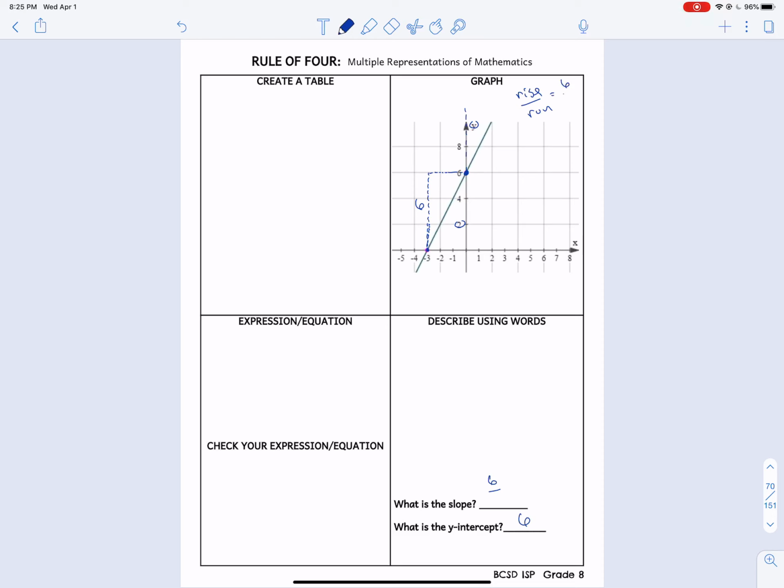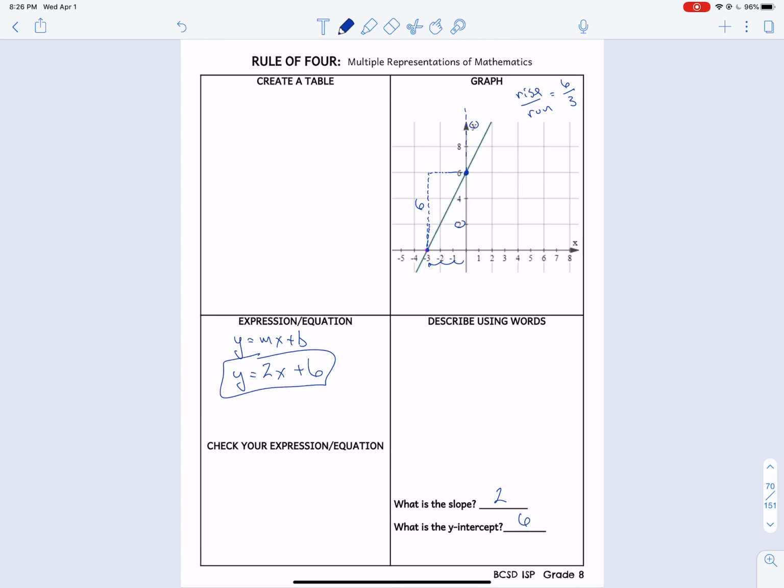So rise is 6. Run, so here's -3, so there's 1, 2, 3. And then we simplify. So 6 over 3 is 2. Okay, in our equation, same as always, mx plus b, y equals m, which is 2x plus 6.